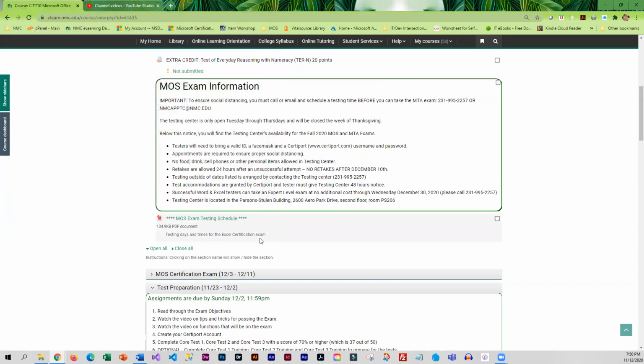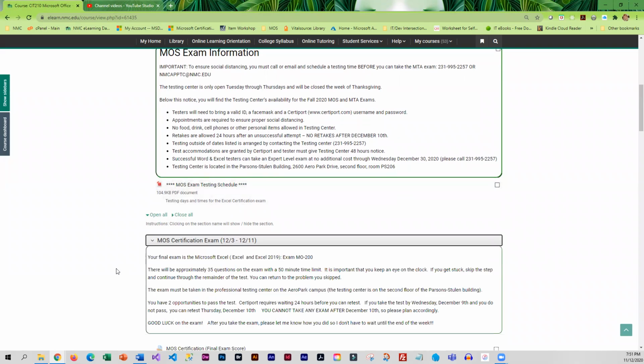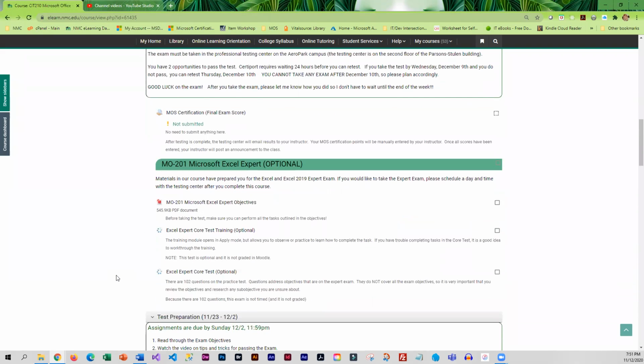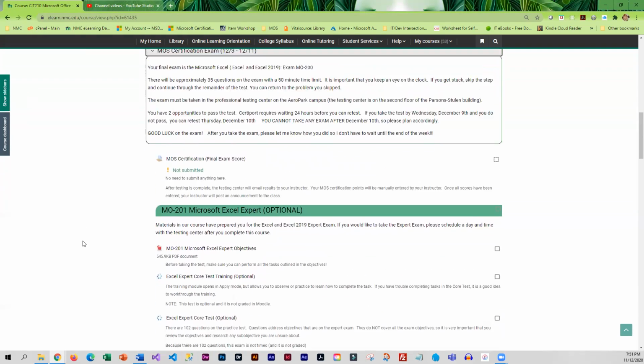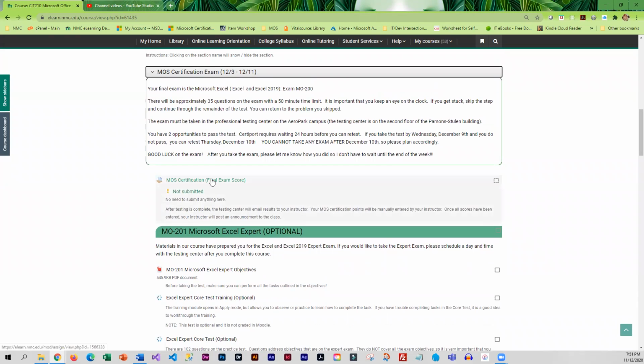And for me, a passing score is a passing score. 700 is the cutoff. It does not matter if you get 700 or if you get 800 or 900. Passing is passing. And so what will happen is I will come in here, and once I receive word from the testing center that you passed, you will get 100 out of 100.